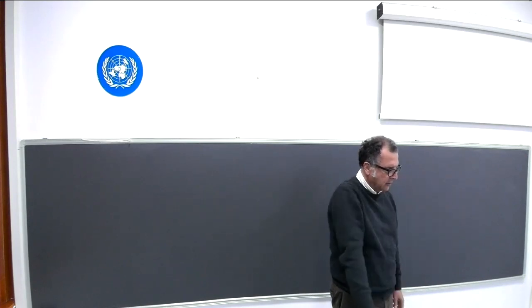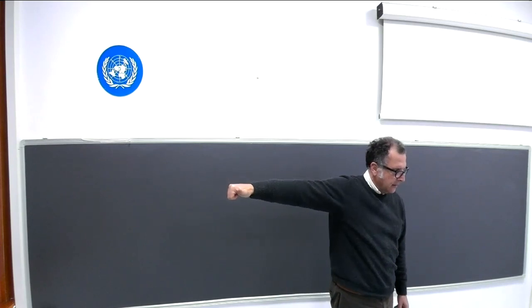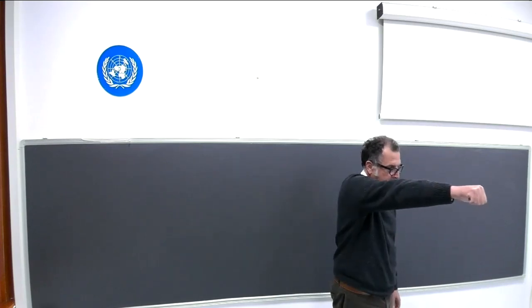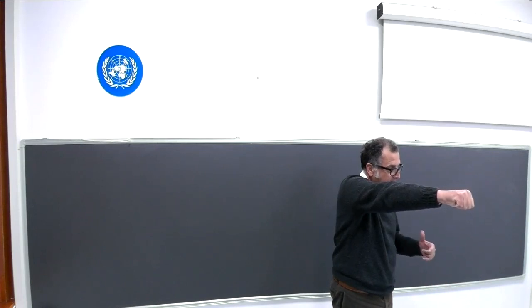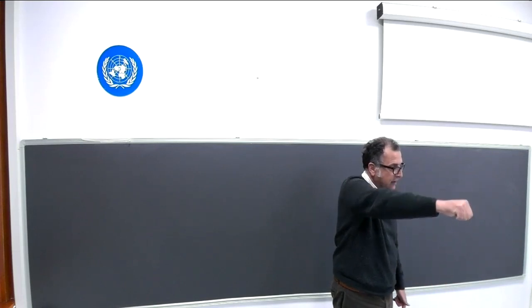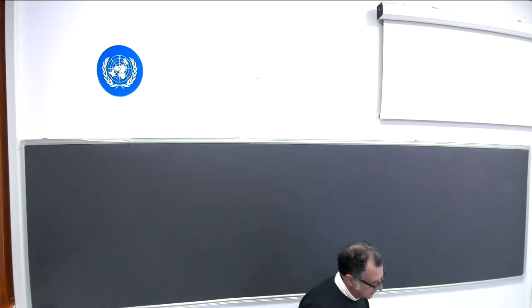I go down, I do it like this, and come back here. So what is the angle now between the final and the initial thumb? 90. 90.